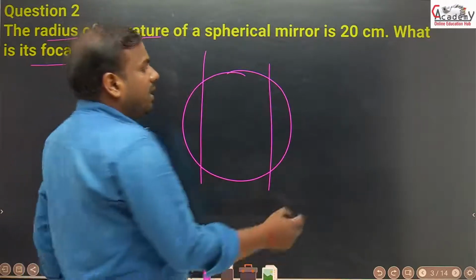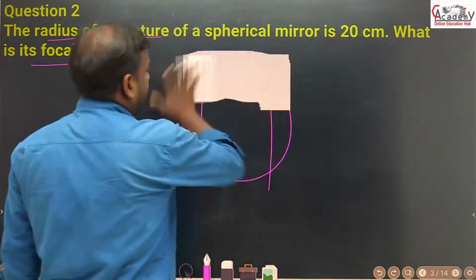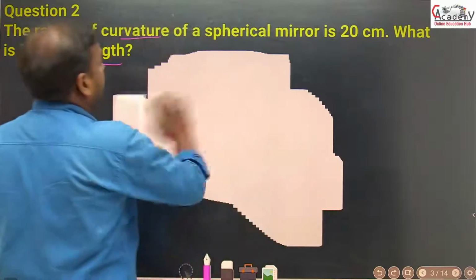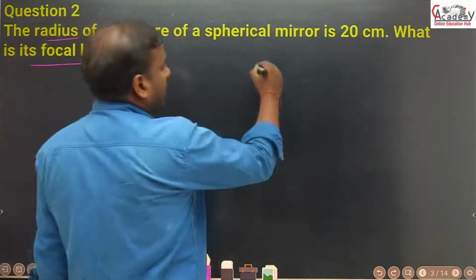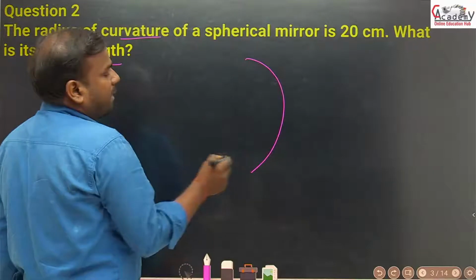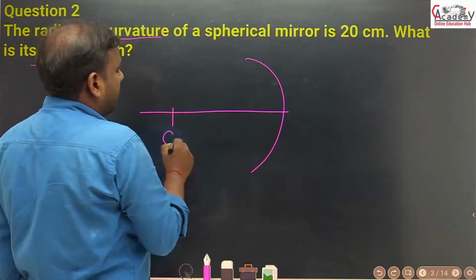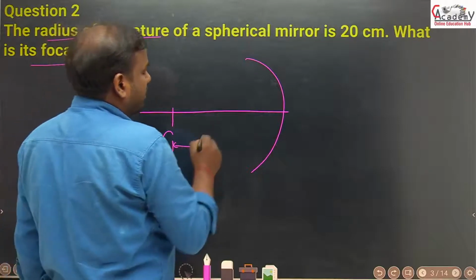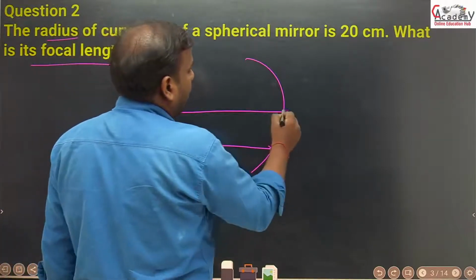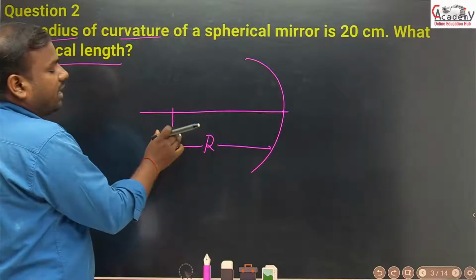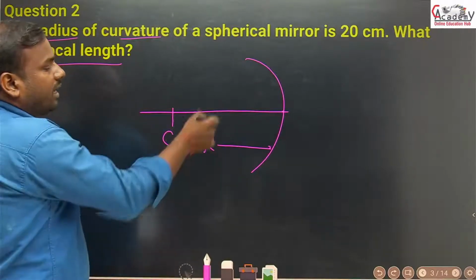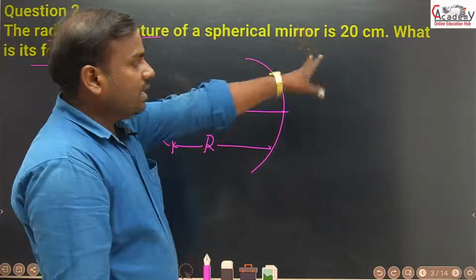Both concave mirror and convex mirror are parts of a spherical mirror. The distance between the center of curvature and the pole is called the radius of the spherical mirror.